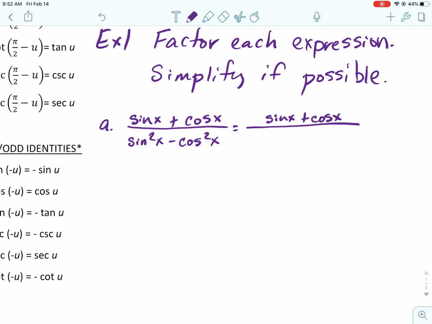What about that denominator? What do we use to factor that denominator? Difference of squares. Because they're both squared and then there's a subtraction, we're going to factor them using the difference of squares. All right.